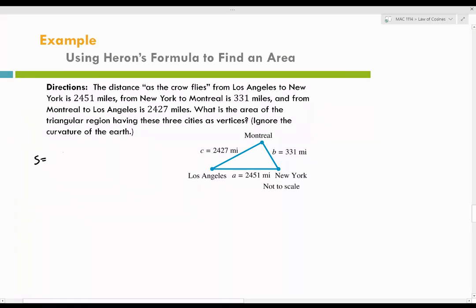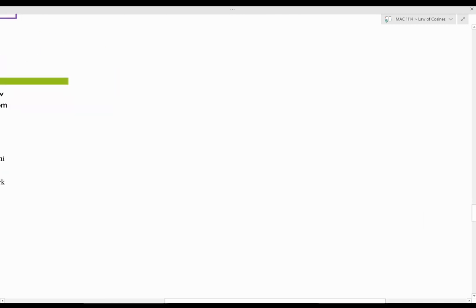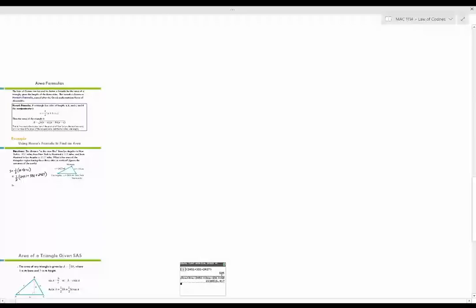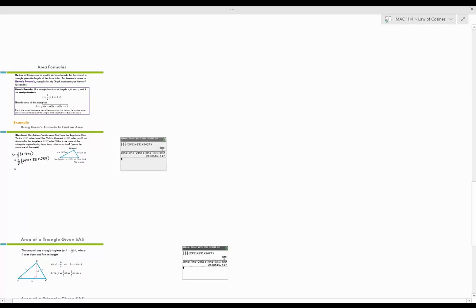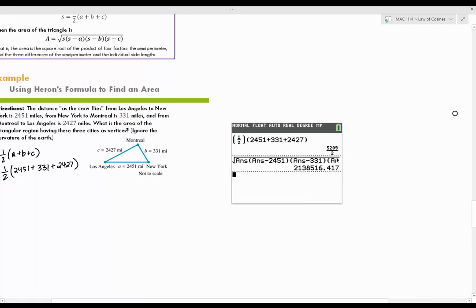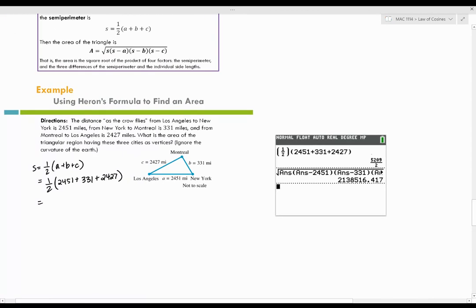So Heron said semi-perimeter is 1/2 (A plus B plus C). So for us, that's 1/2 times A, which is 2,451, plus B, which is 331, plus C, which is 2,427. When we put that into our calculator, we get 5,209 divided by 2.